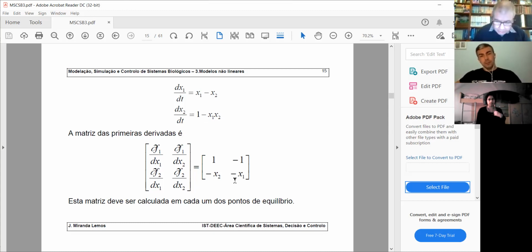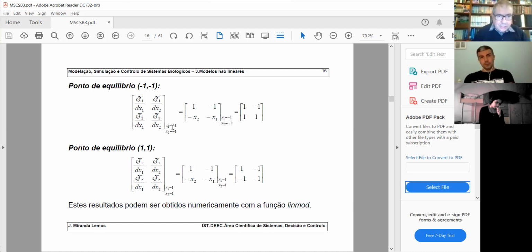Now, this is the general matrix of derivatives. It's a function. This Jacobian matrix is a function, but now you want to compute this at both equilibria. You have two equilibria. You have one point which is -1, -1. So you go there and you replace x1 by -1 and x2 by -1, and you get this matrix of numbers.